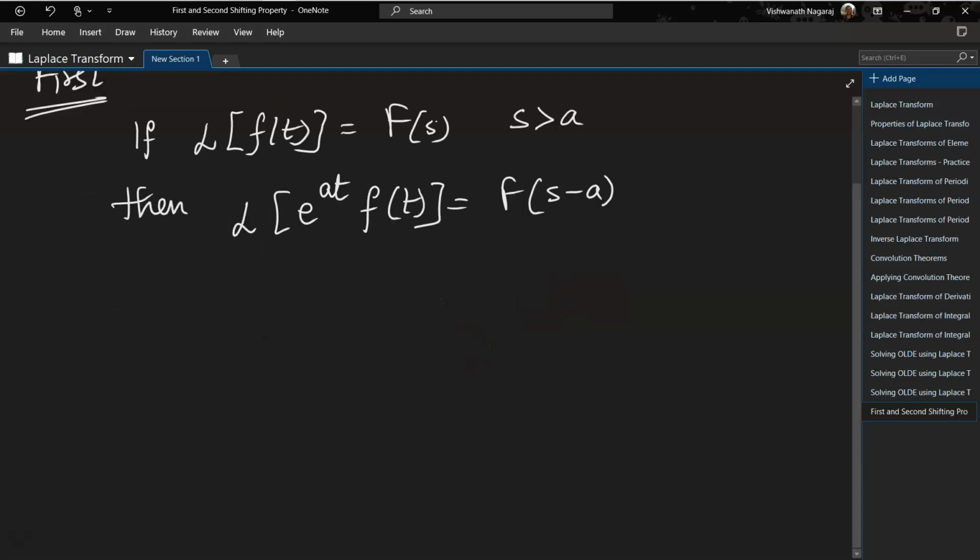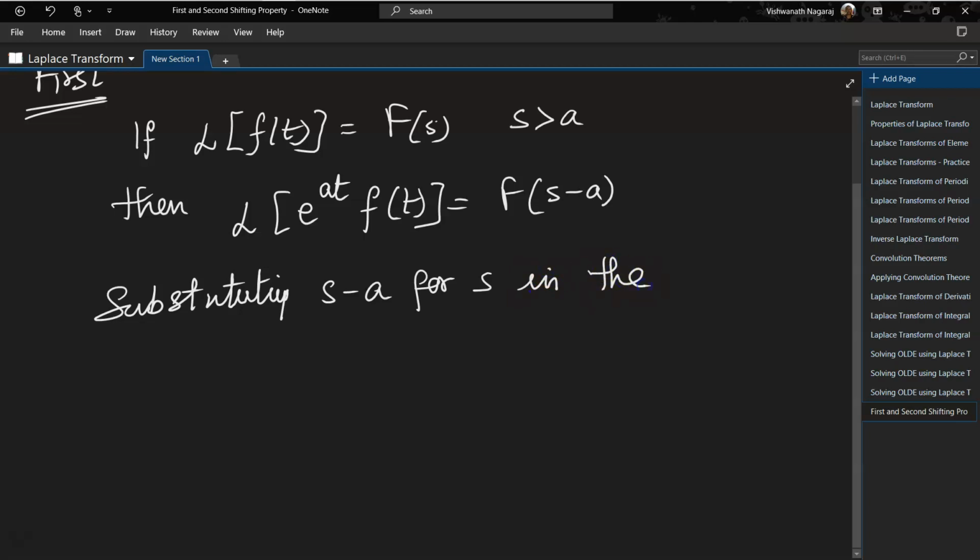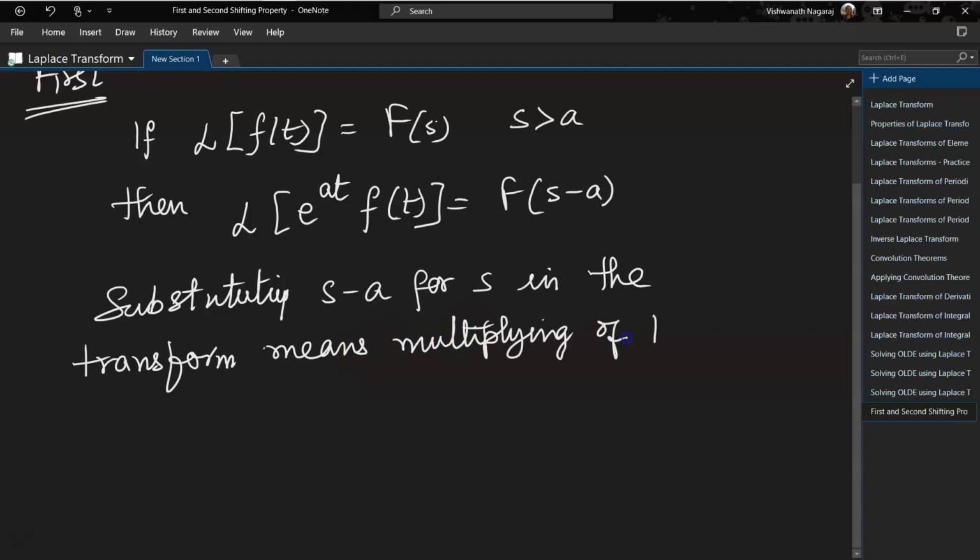That's what the first shifting property says. In normal English, we have to write: substituting s minus a for s in the transform means multiplying the function f of t with e to the power of a t.